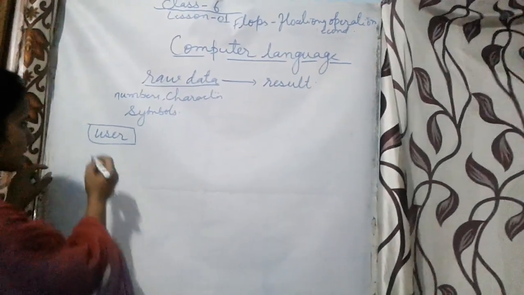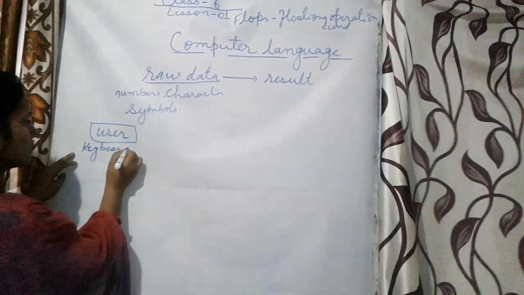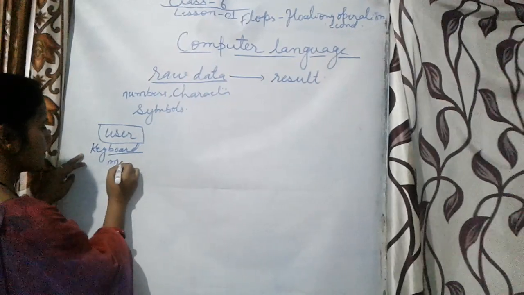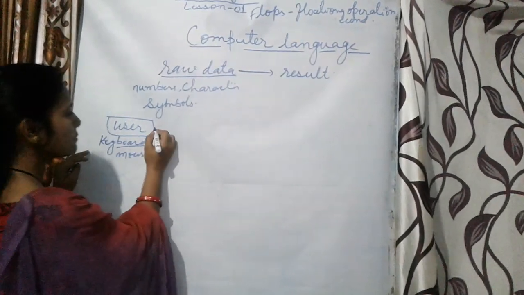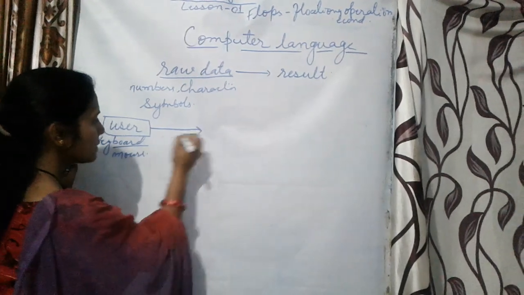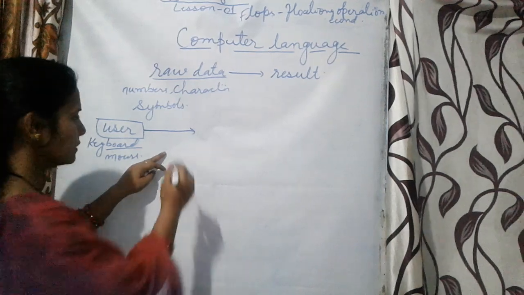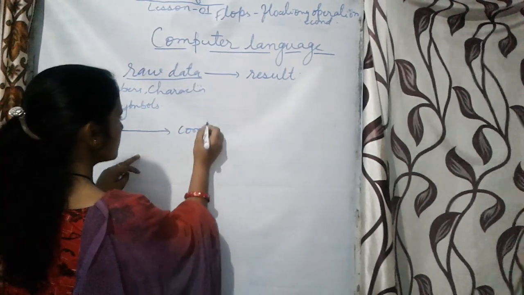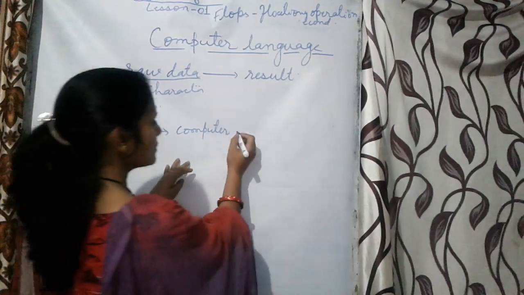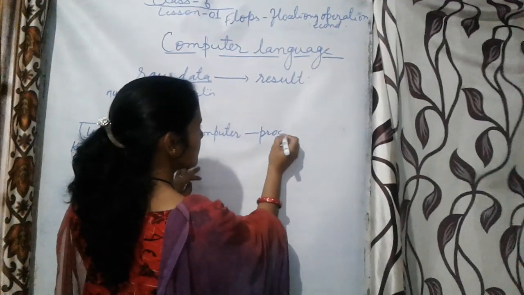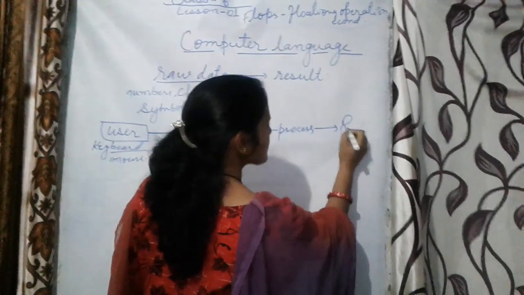What are the input devices? Input devices like a keyboard, like a mouse. With the help of this keyboard or mouse, the user gives the command or the instruction to the computer, and after processing, the computer gives us the result.